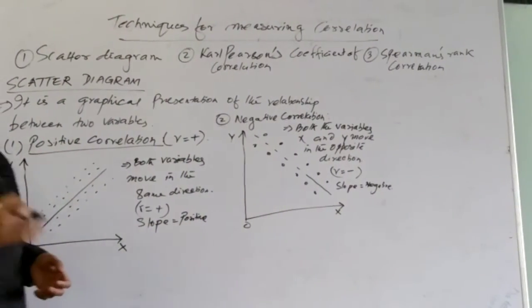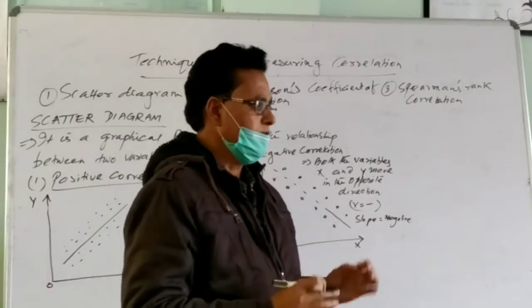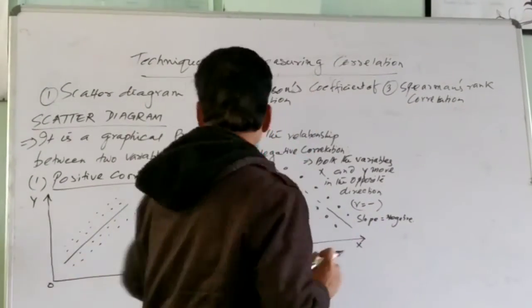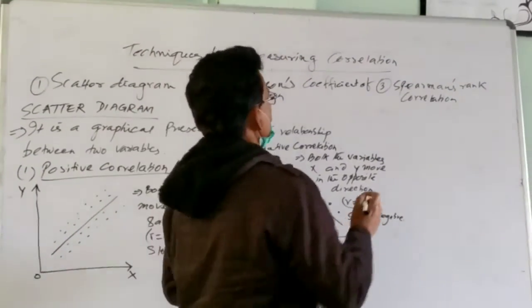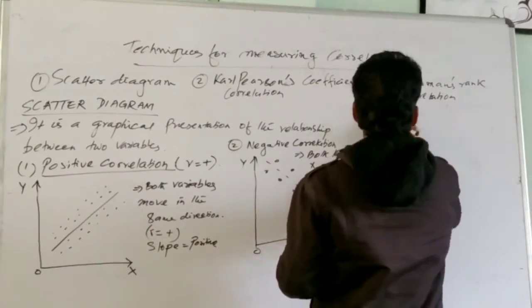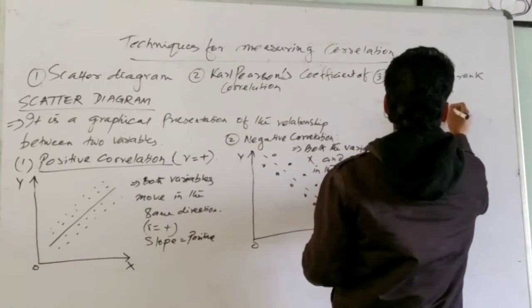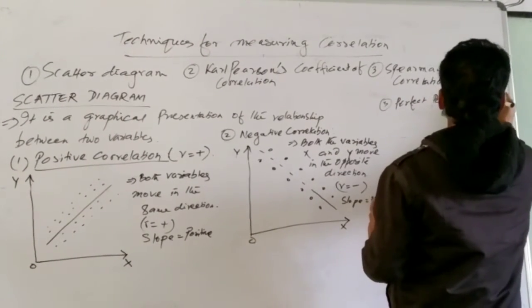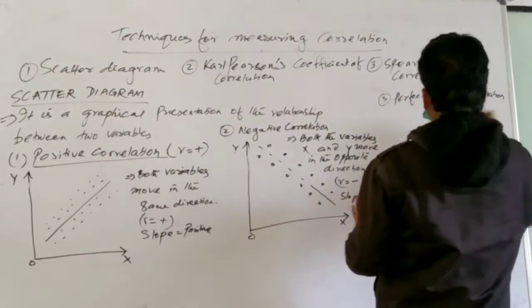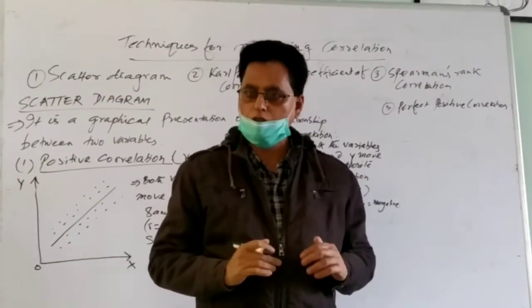Similarly, there is another correlation: perfect positive correlation. What happens in perfect positive correlation?